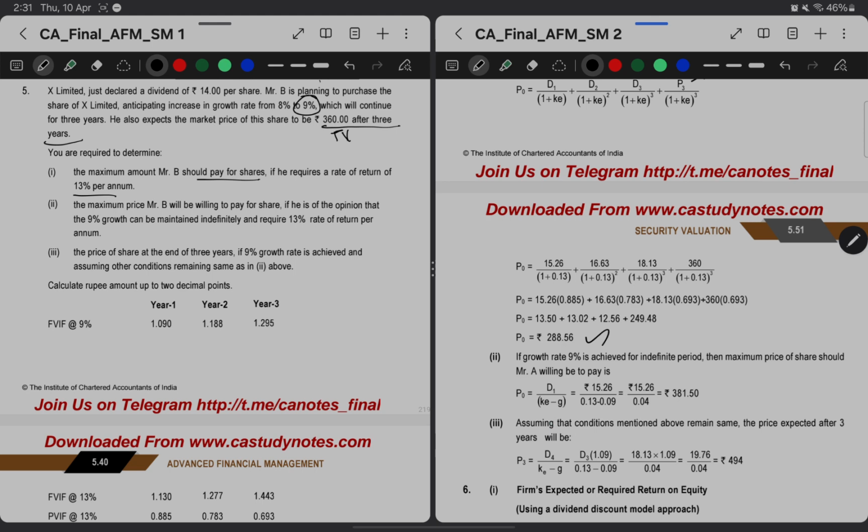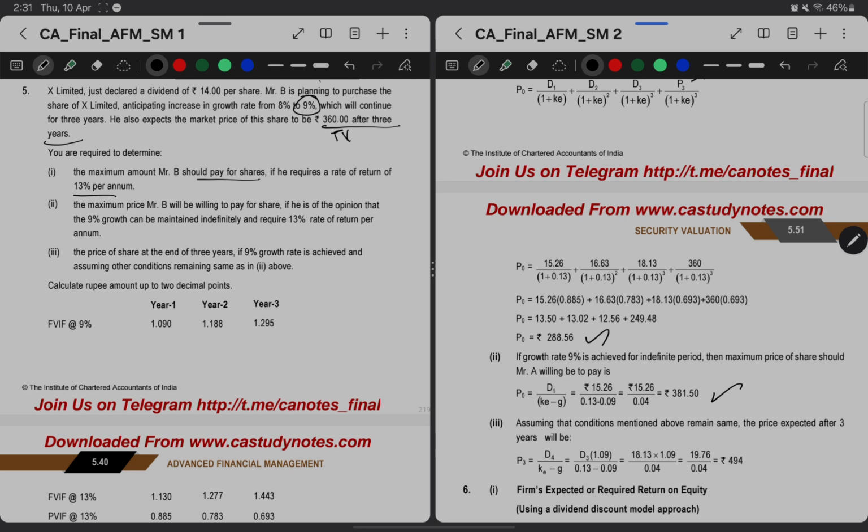We know that D0 is 14, so 14 plus the growth rate 9% gives us 15.26, divided by the required rate of 13% minus 9%, which is 4%. Dividing 15.26 by 4%, we get 381.5.